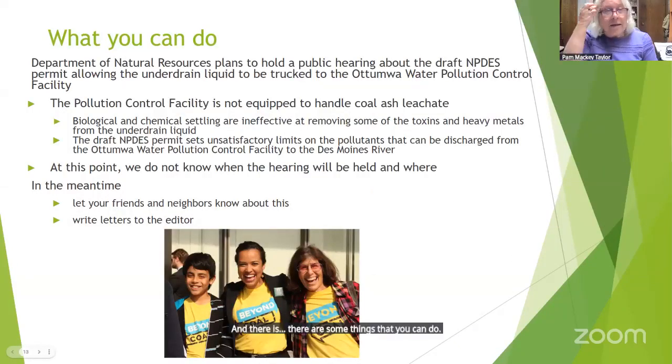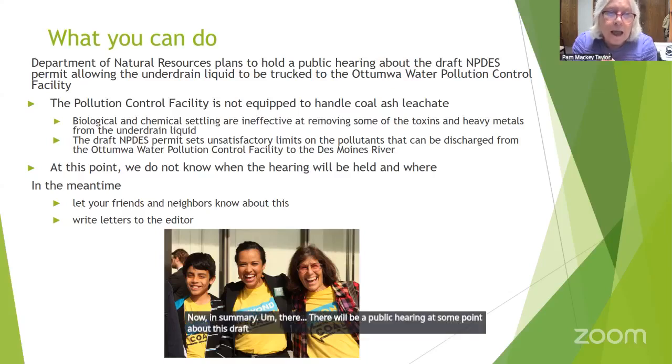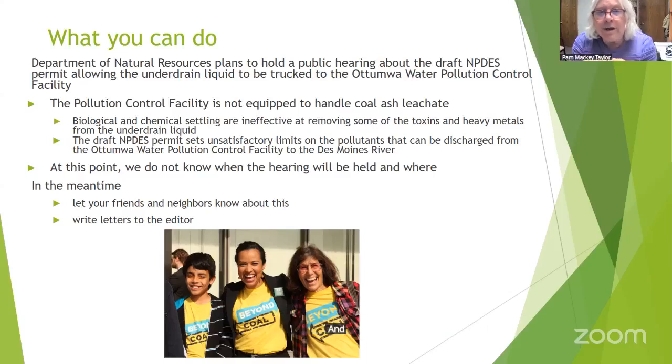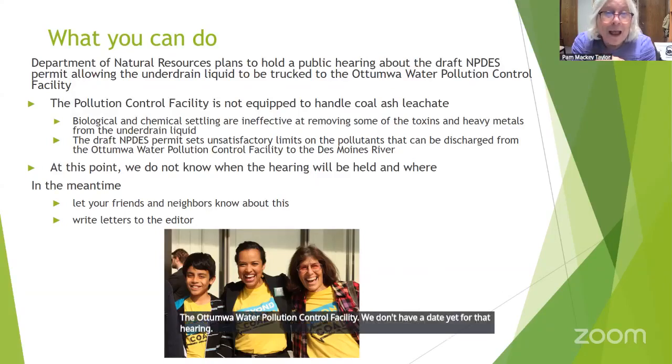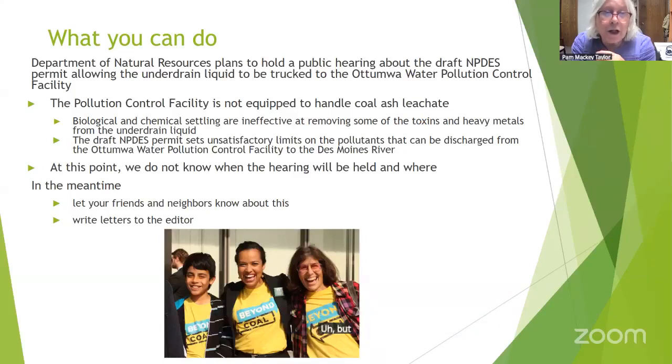Now, in summary, there will be a public hearing at some point about this draft permit and allowing the underdrain liquid to be trucked to the Ottumwa Water Pollution Control Facility. We don't have a date yet for that hearing, but the message is very clear.